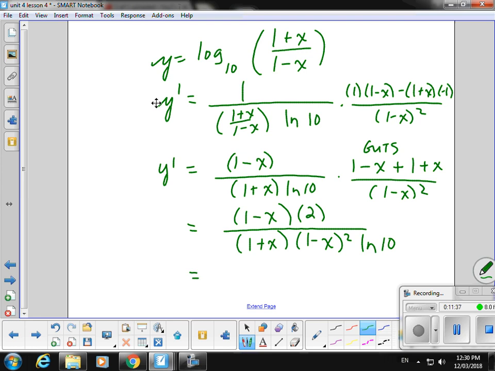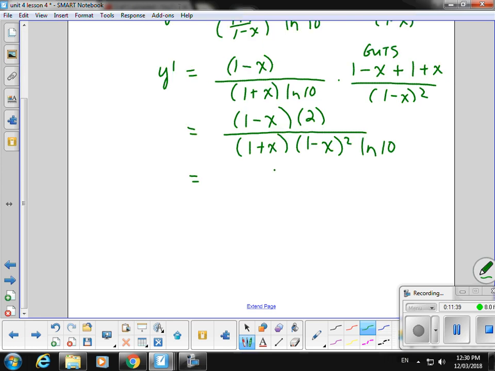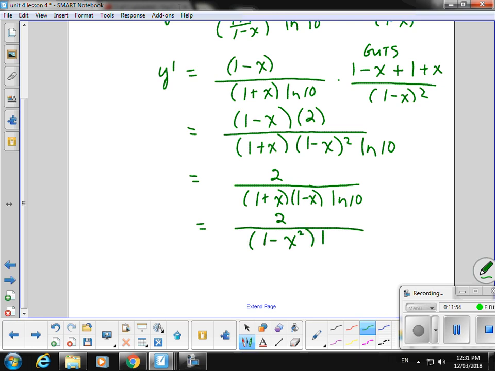Oh, wow. I have a 1 subtract x top and bottom, so I end up with 2 over 1 plus x, 1 minus x, ln 10. And if you wanted to be really pretty, you would notice that's a difference of squares. Doesn't matter. 1 minus x squared, ln 10.